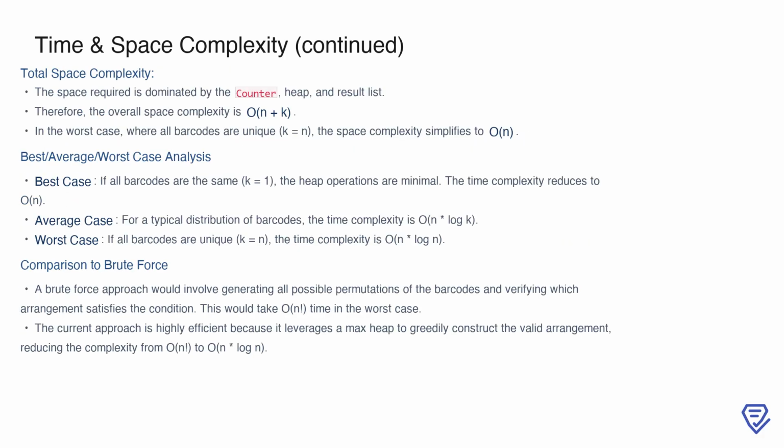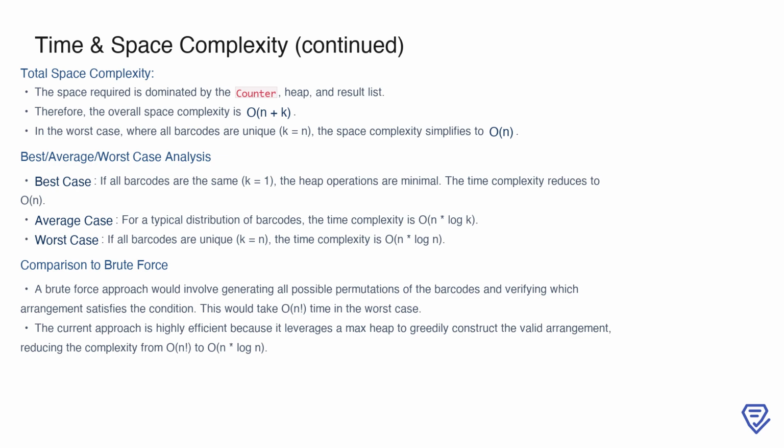Combining the space requirements, the total space complexity is dominated by the counter, heap, and result list, giving us n plus k overall. In the worst case, where all barcodes are unique, k equals n, and the space complexity simplifies to n. To better understand the algorithm's performance, we can analyze the best, average, and worst cases.